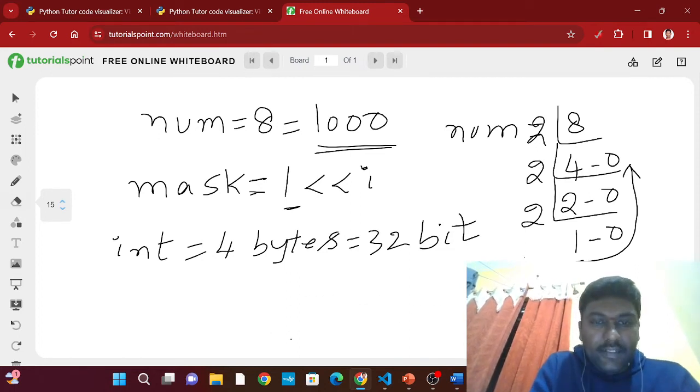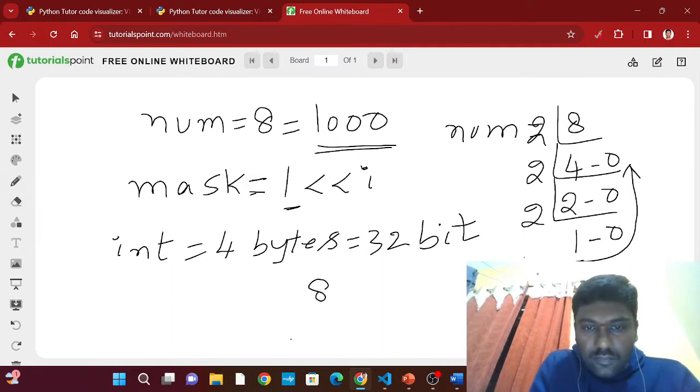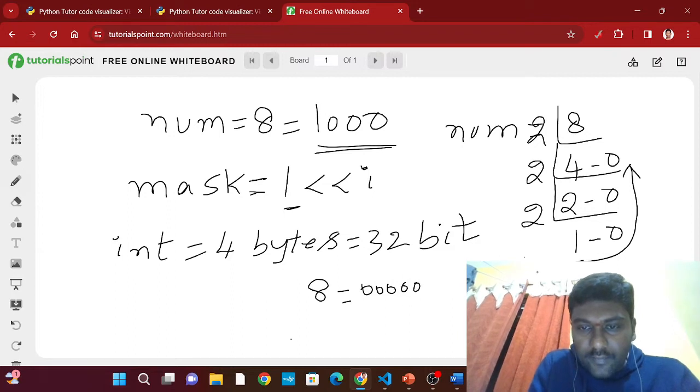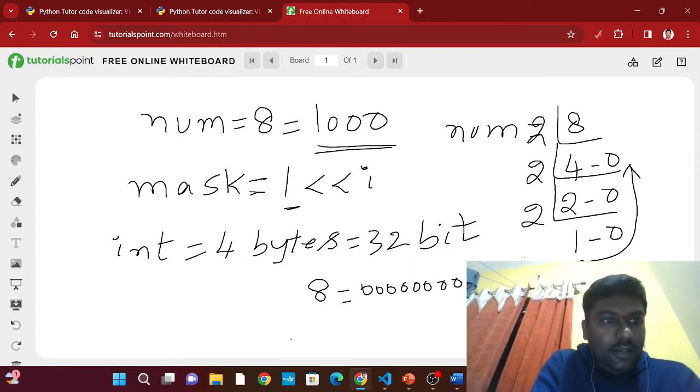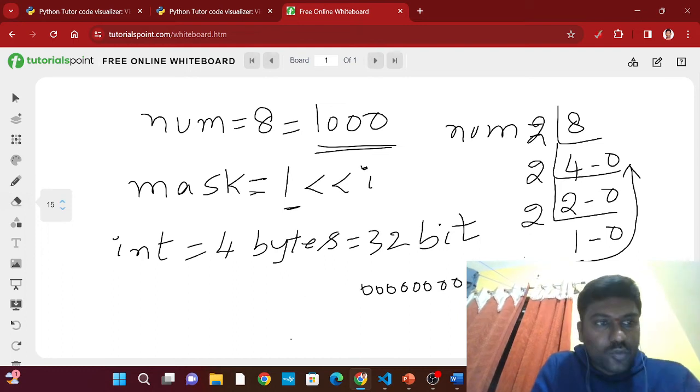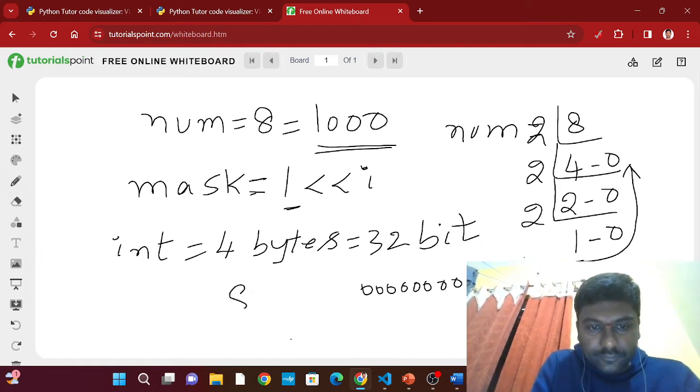So the number 8 is going to be represented with, okay, 1 2 3 4 5 6 7 8. I'm not getting enough space over there, so I'm going to write here: 1 2 3 4 5 6 7 8.